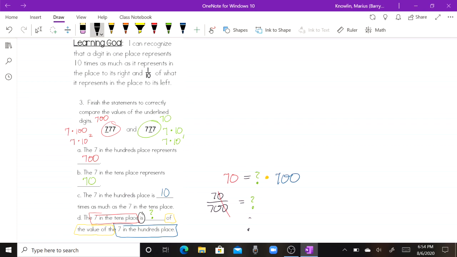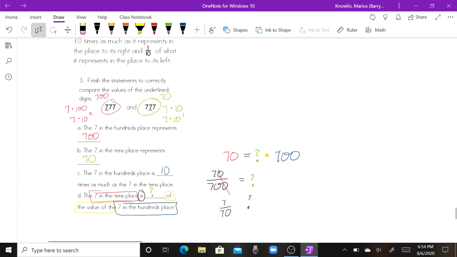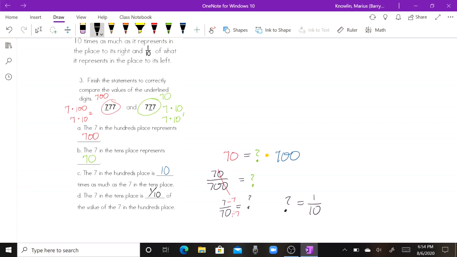So our question mark reduces to 7 over 70. But we can reduce that again. And we know that both of these can be divided by 7. So our question mark really equals 1/10. So to answer this question, the 7 in the tens place is 1/10 of the value of the 7 in the hundreds place.